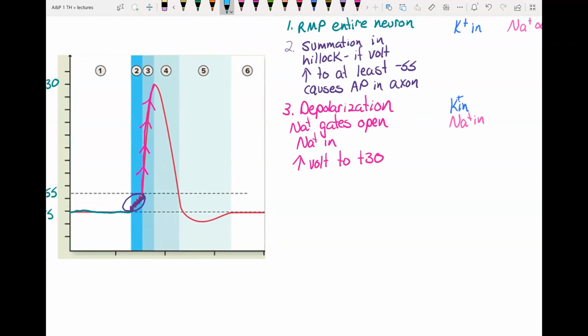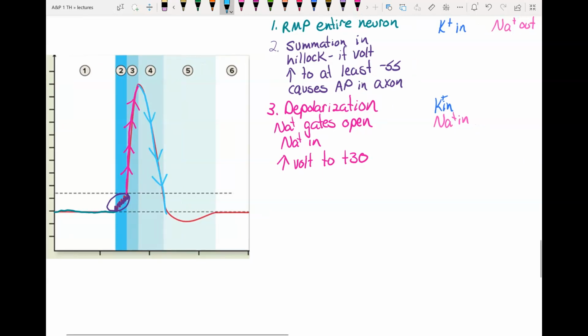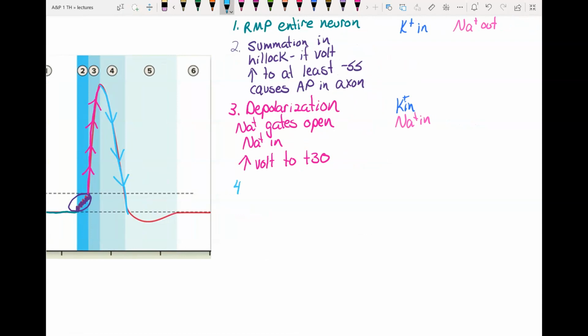Next is repolarization. And this time, the voltage is going down. So now the potassium gates open.